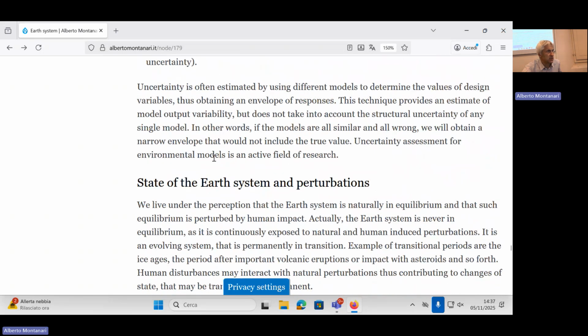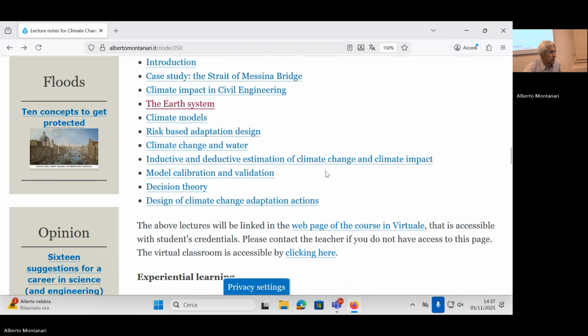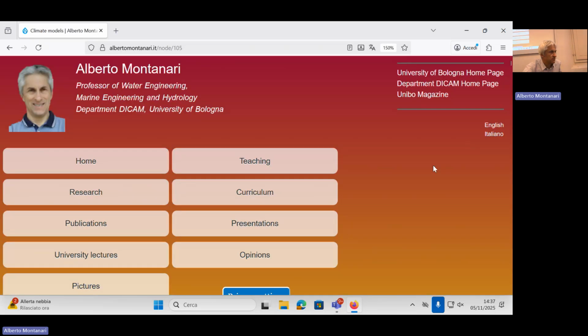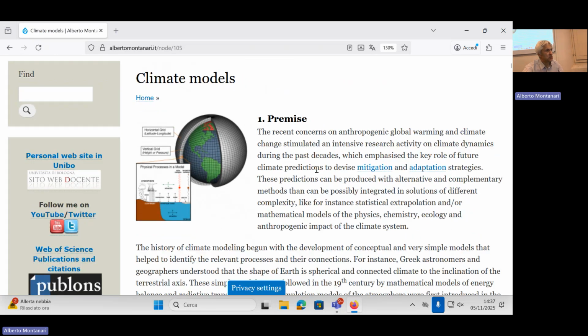Now, more details, as I said, about these models, and then we can turn to the next lecture. Climate models. Okay. What you see here is a figure of a grid covering the globe.